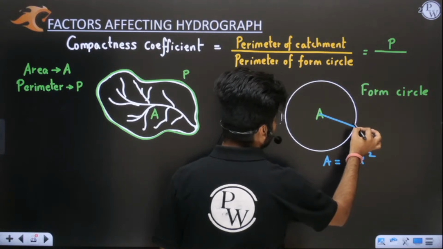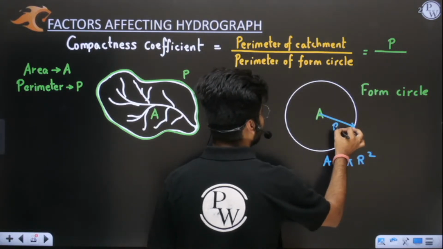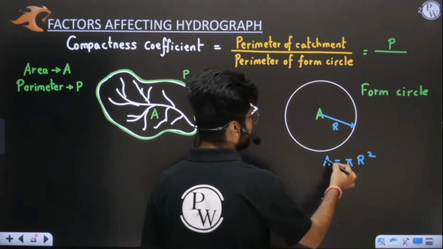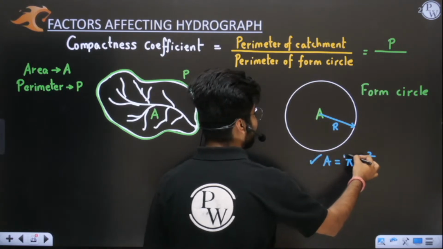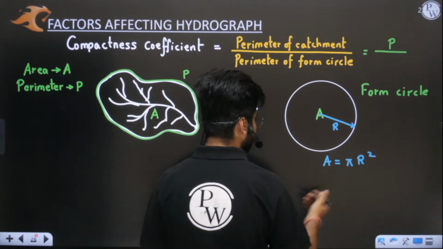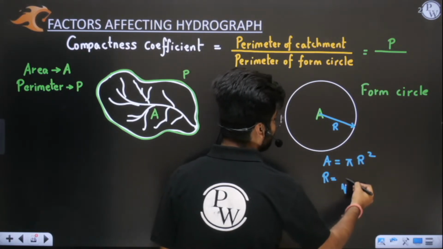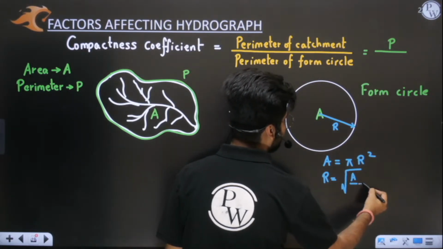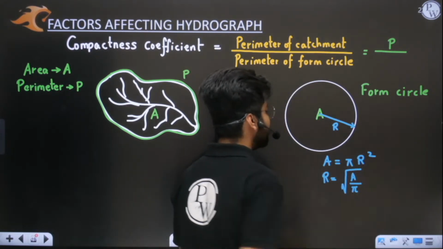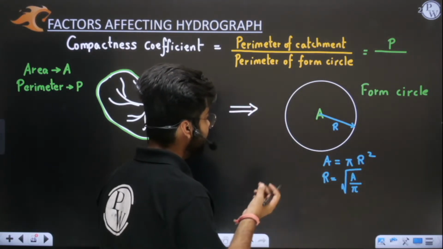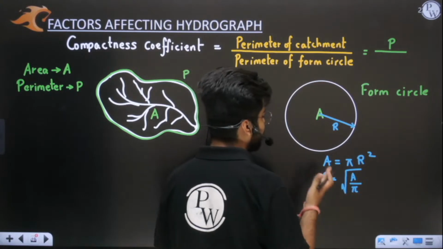Obviously yes. From this equation, I know the catchment area and the pi value, so I can find the radius of my circle. The radius of the circle will be under root A upon pi.